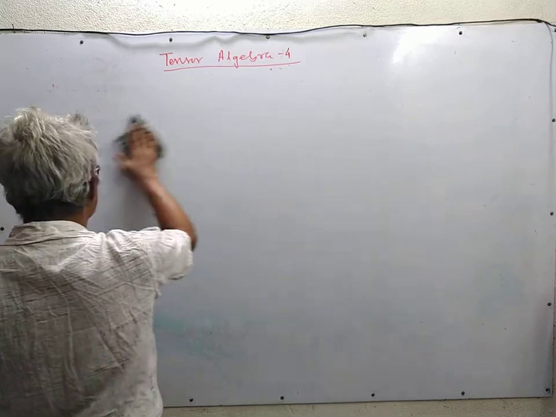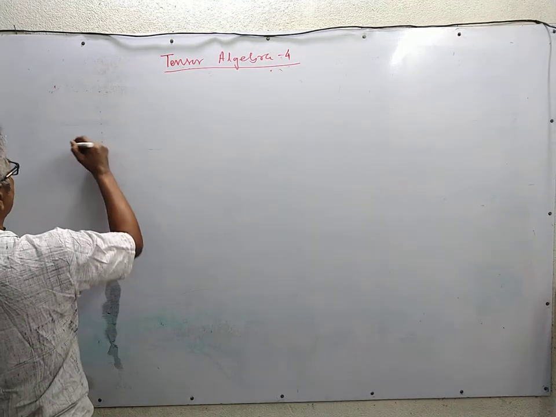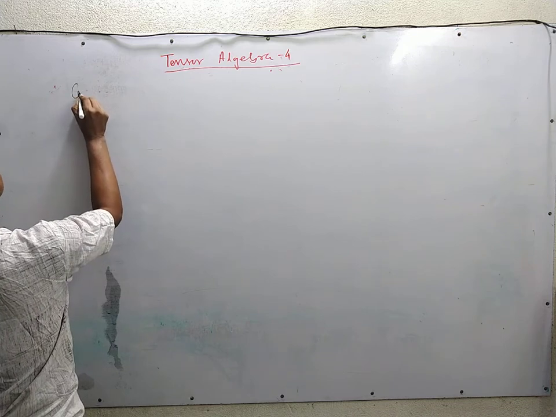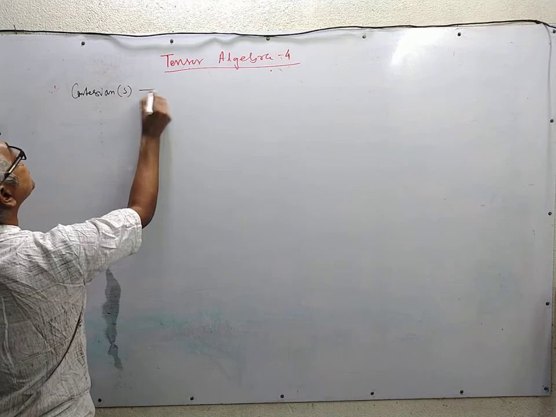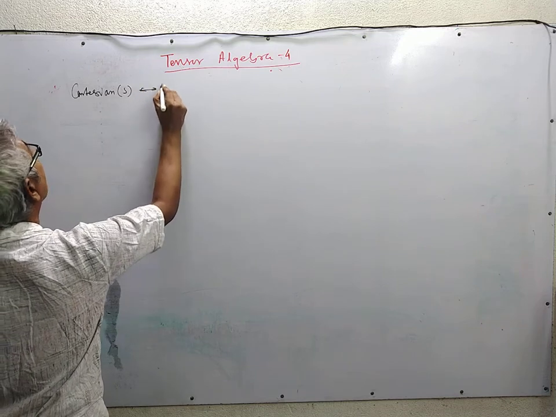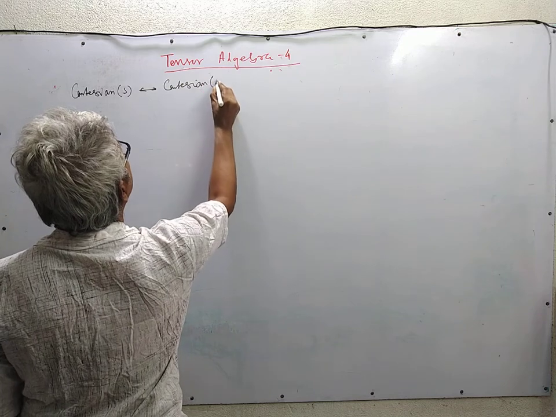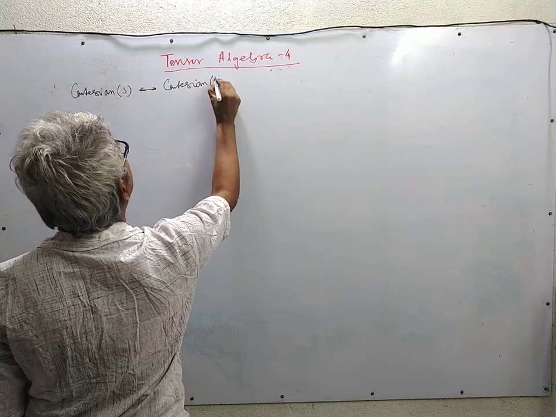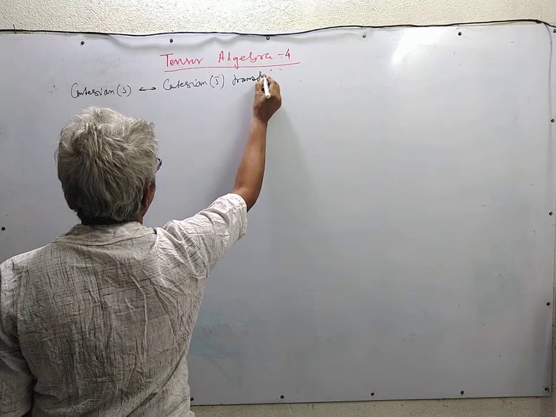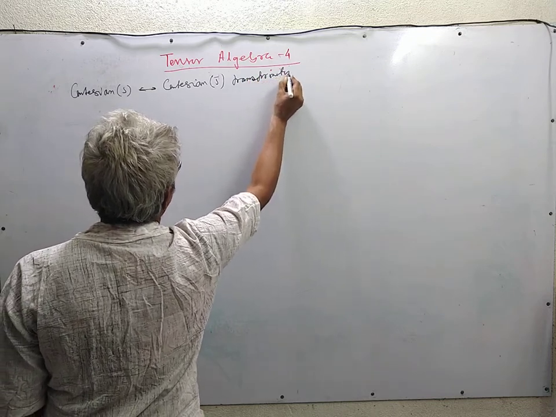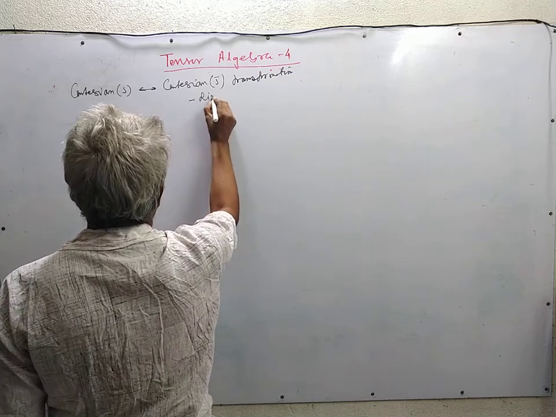The transformation relation is linear. So the Cartesian to Cartesian S bar transformations are linear transformations.